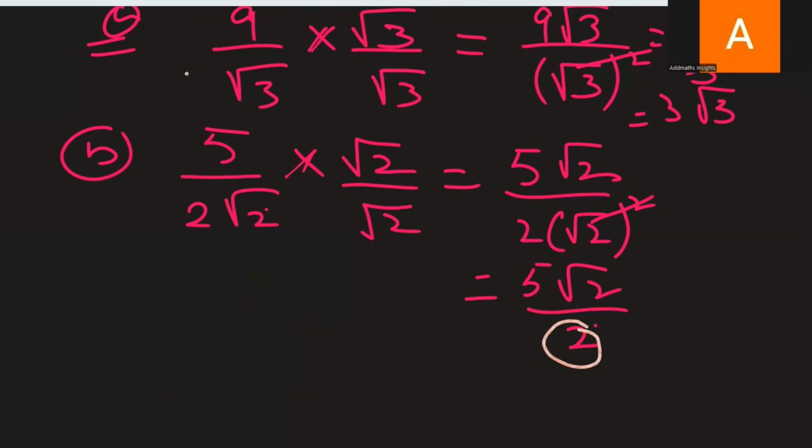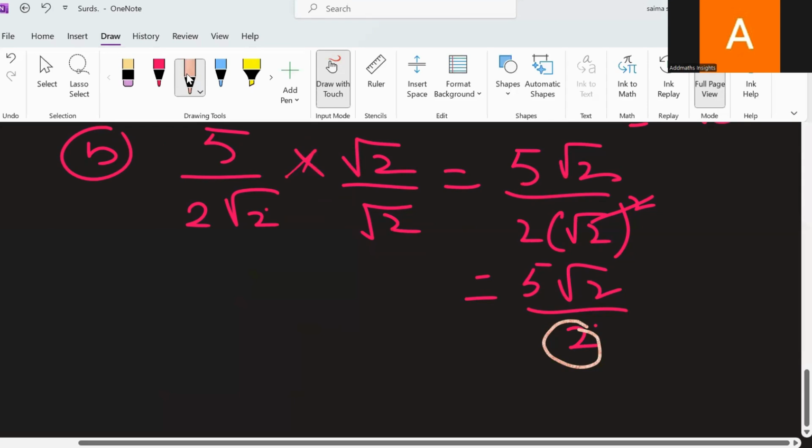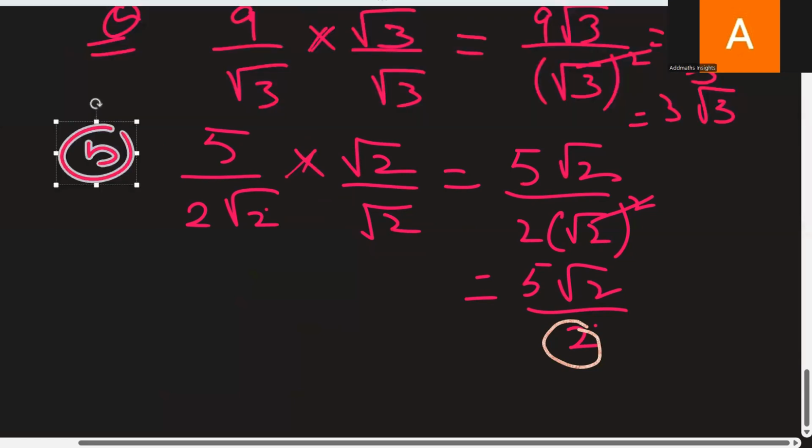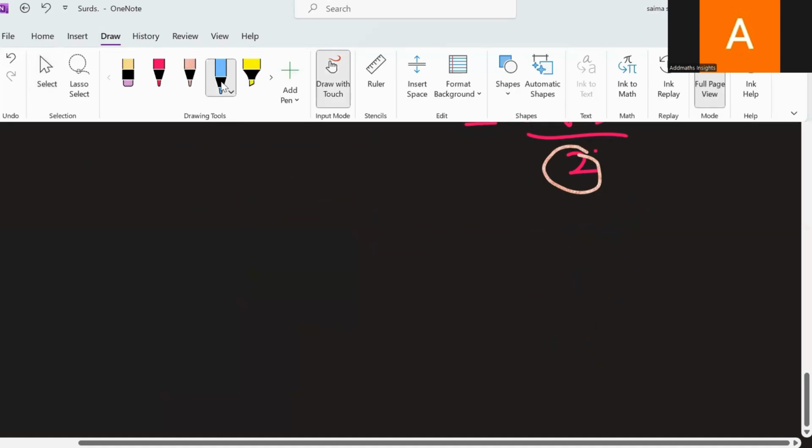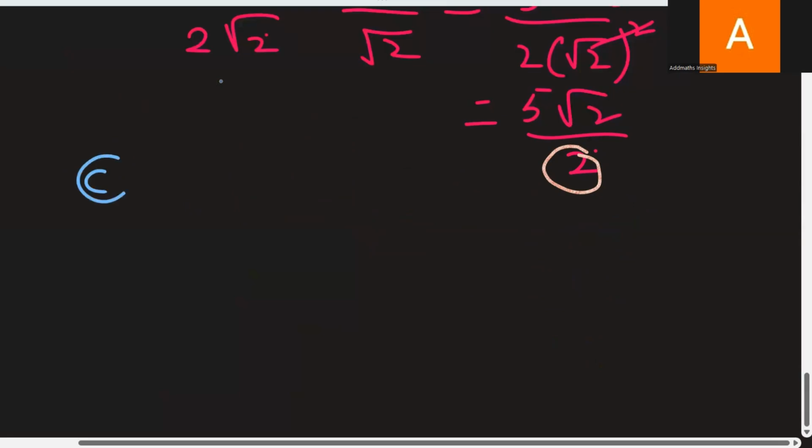Sometimes you may get slightly more complex questions. We start now. For example, the question is 14 minus root 7 over root 7.